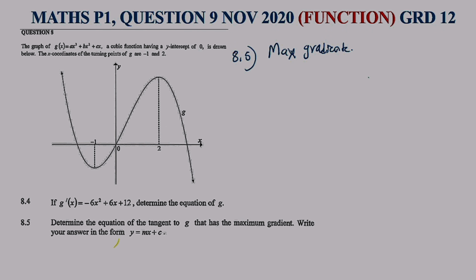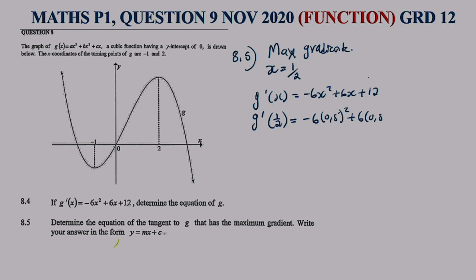All right, so now we know that x at the point of inflection was half. And we know that g'(x), the derivative, was given to us by negative 6x squared plus 6x plus 12. Okay, great stuff. So now we need to say, what is the gradient at this point of inflection? Minus 6 times 0.5 squared plus 6 times 0.5 plus 12.